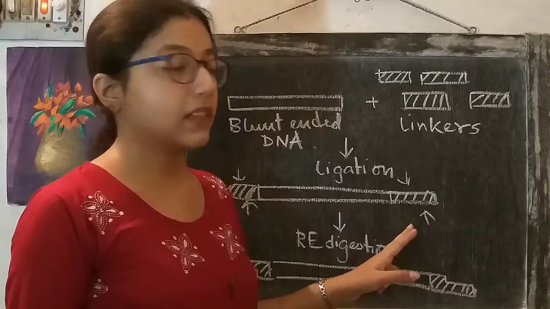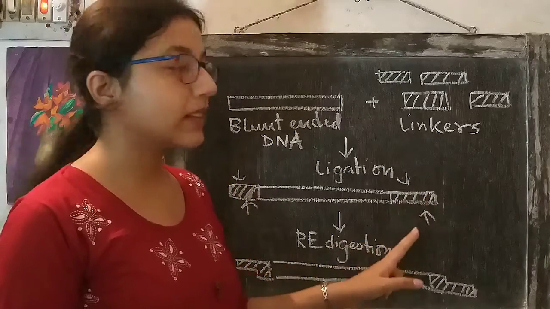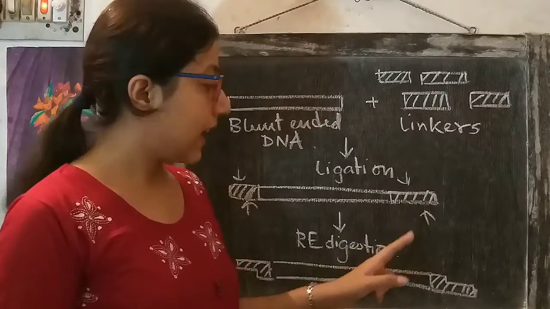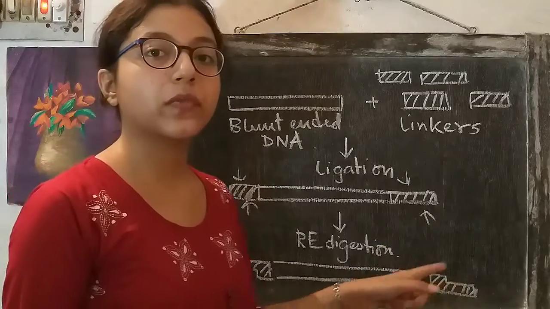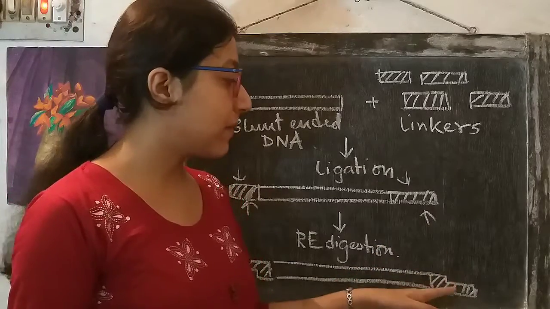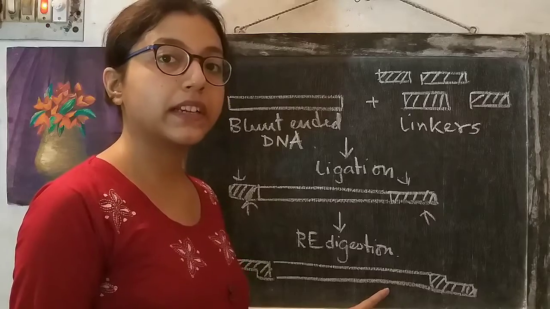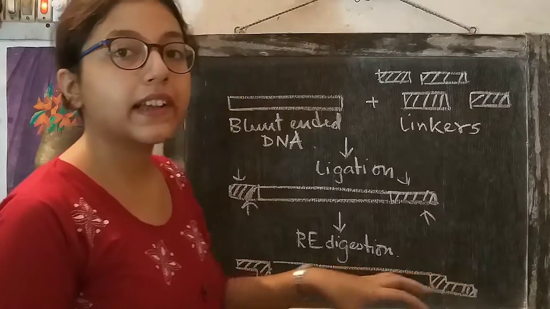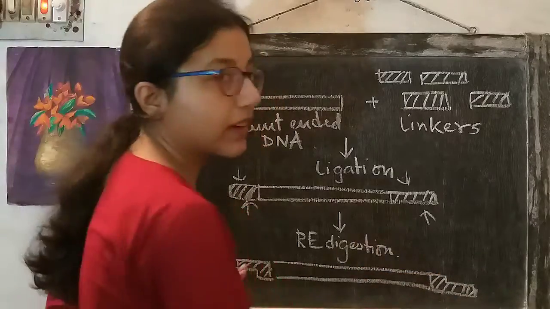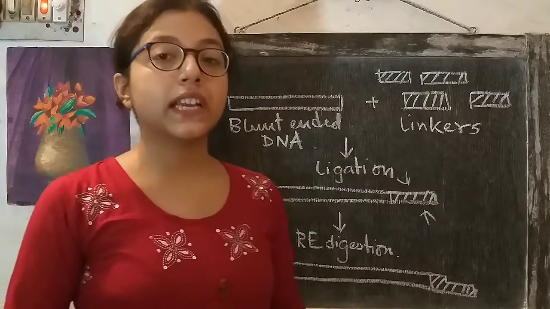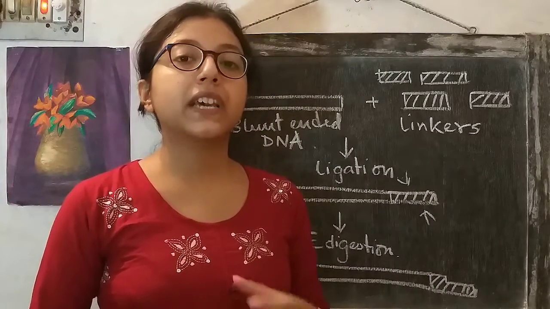It will cut within the linker sequence, and as a result the linkers will be converted into sticky-ended form. Because the linkers are attached to the blunt-ended DNA fragment, the entire product will be converted into sticky-ended form. So this is the concept behind the linkers.